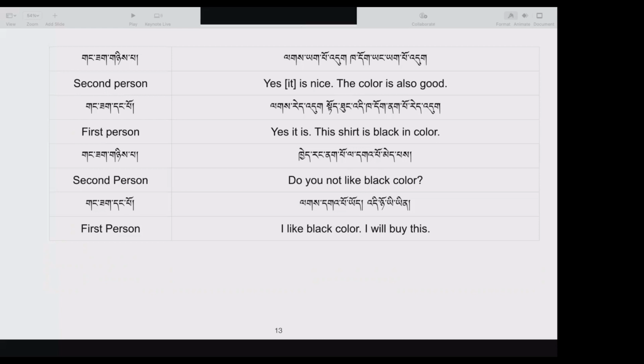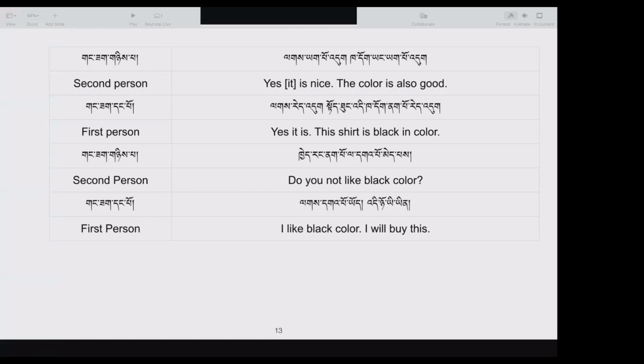This color suits you well, because we know that different people are able to wear different types of colors which look good on them. Sometimes if someone looks good in black, it doesn't mean that they will look good in other colors. So therefore we have this word rembo in Tibetan for those.